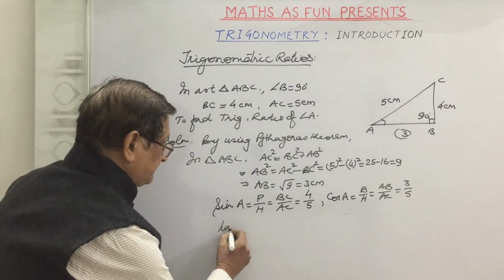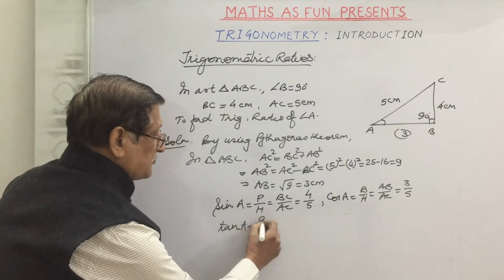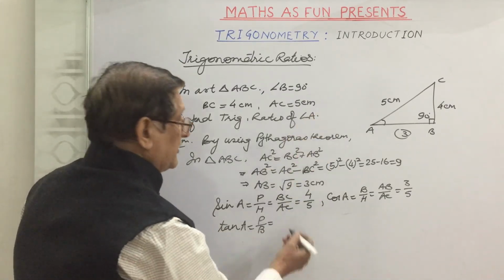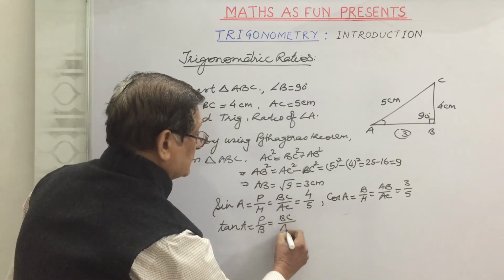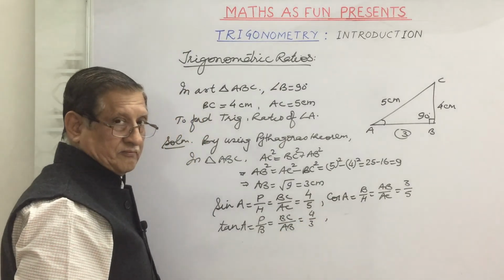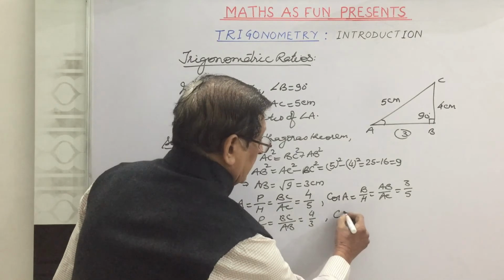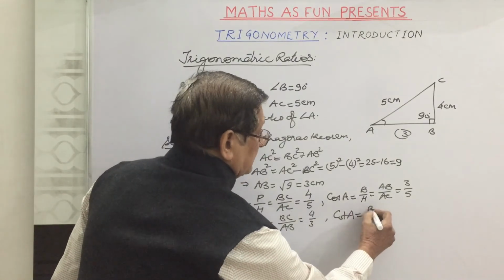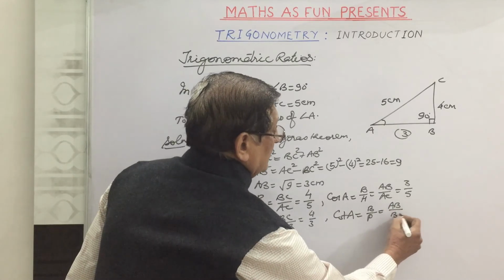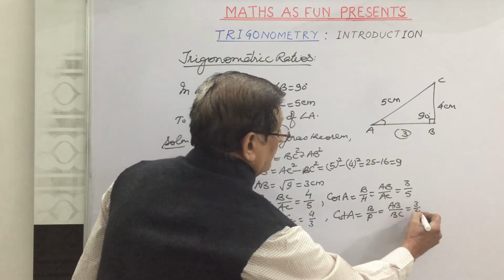Tan A is perpendicular upon base. Here in this case perpendicular is BC, base is AB, so this will be 4 upon 3. Cot A, we know is base upon perpendicular. Here it will be AB upon BC, which is equal to 3 upon 4.